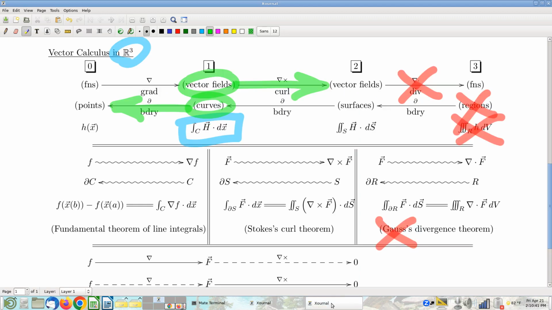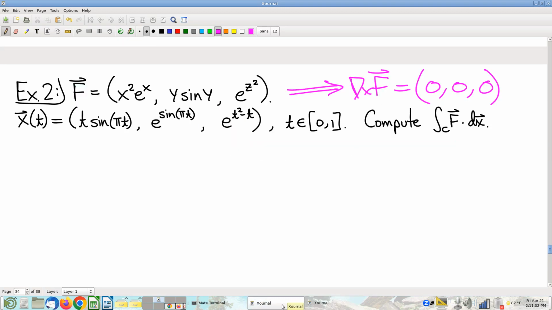That tells us, let's see here, because we got a 0 there, it tells me that yes, there is an anti-gradient. So technically, fundamental theorem of line integrals is on the table. Everybody follow? So I look back here, though, and I ask myself, okay, I could find an anti-gradient. There is an anti-gradient for this vector field. And the thing is, I really don't want to have to try and find it. Just look at this vector field. If I were going to find the anti-gradient, this is not a bunch of polynomials like the last example.